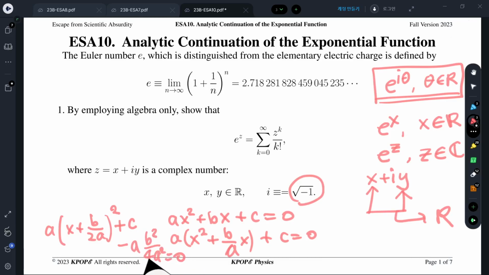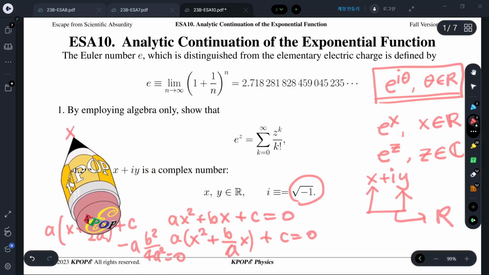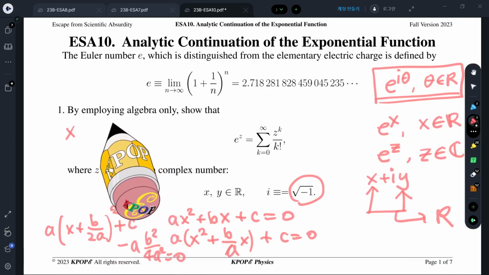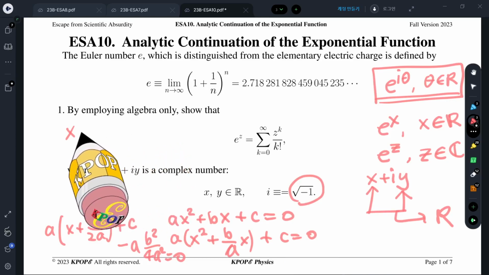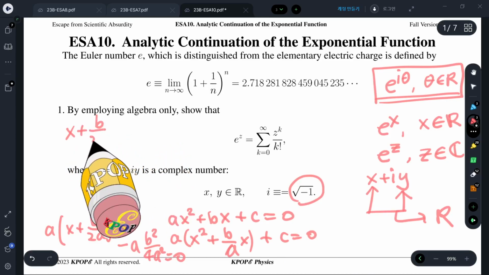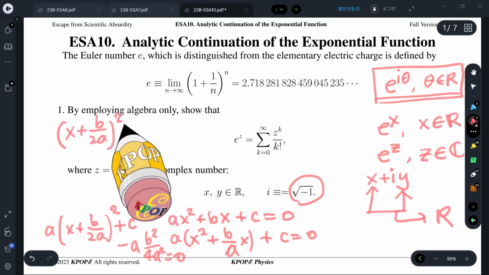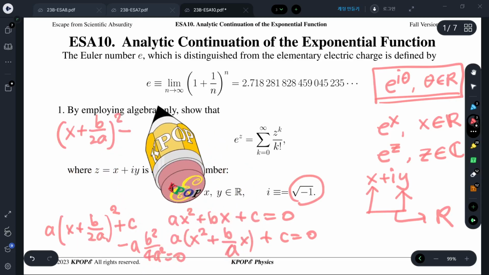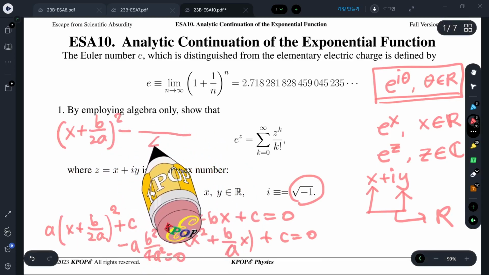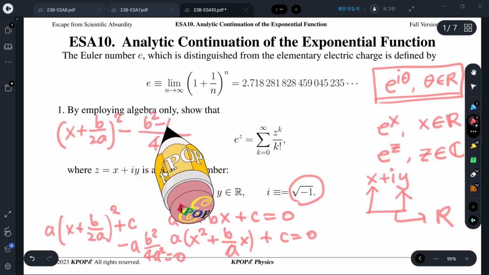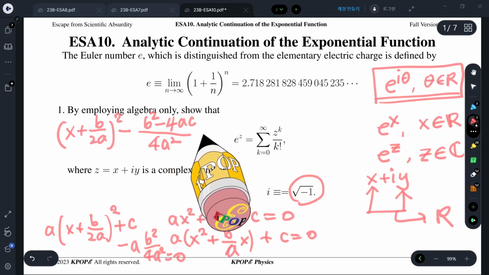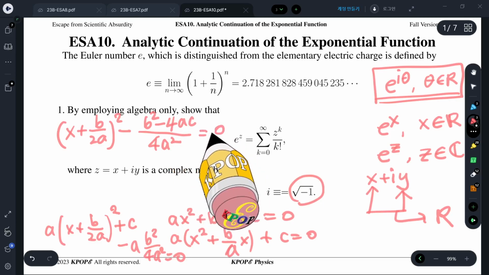We find that, plus b over 2a squared minus, with 4a squared in the denominator, b squared minus 4ac equals 0.